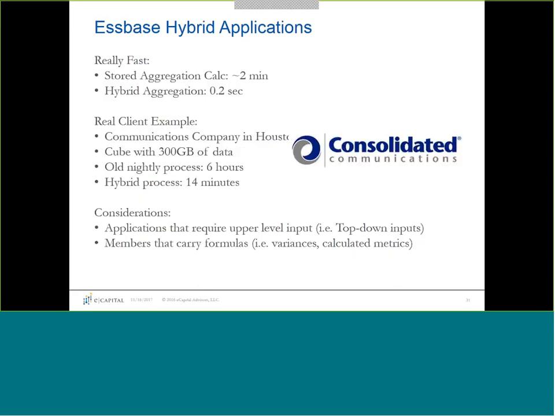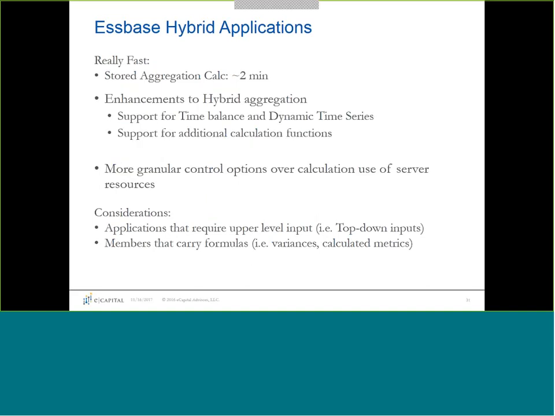We've seen some big improvements at some of our customers with hybrid. As one example, we have a client, Consolidated Communications. They had a nightly process that took 6 hours. We brought it down to 14 minutes by using hybrid, just doing a lot of allocations with a very, very big BSO cube that we moved to hybrid.